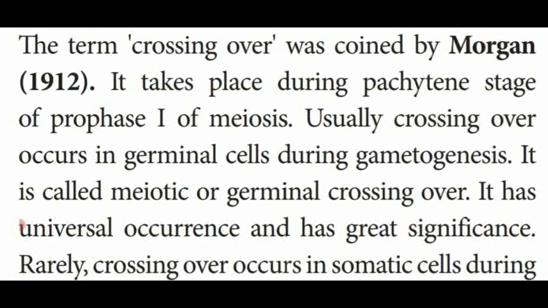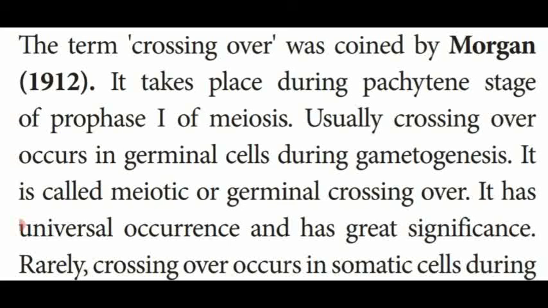So this crossing over occurs only in the germinal cells, that means sex cells, male gametes and female gametes, during gametogenesis. What is gametogenesis? You already studied in zoology. Formation of gametes, male gametes or female gametes, is known as gametogenesis.